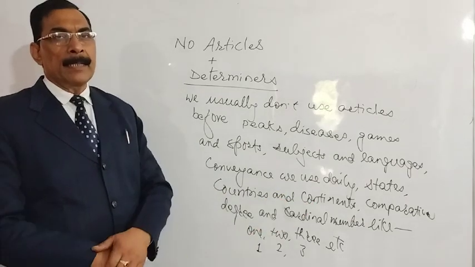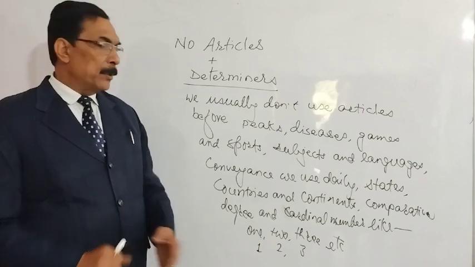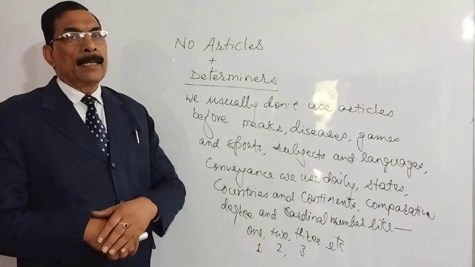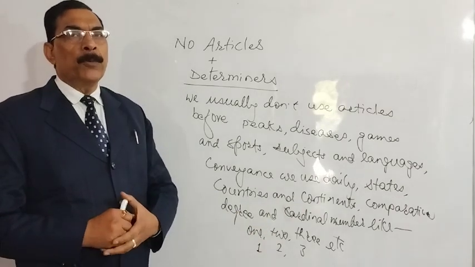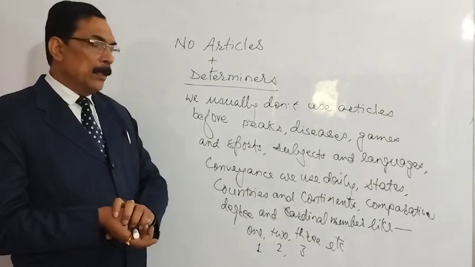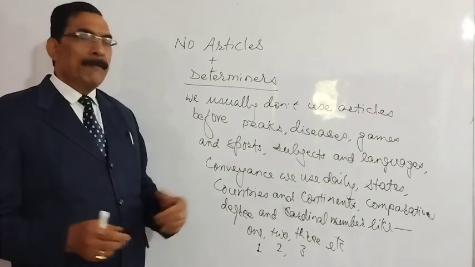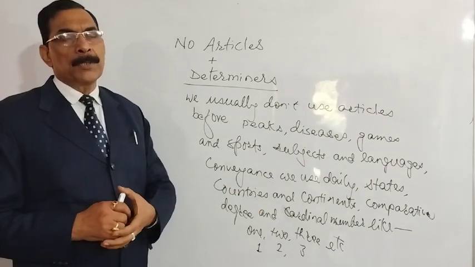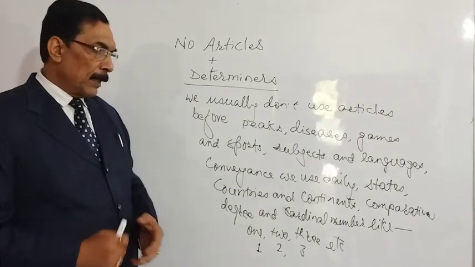Other exceptions are there. The books will give you more information, like the UK, the USA, the UAE, the Antarctica. So there are some exceptions. Those all are very common, available almost in all the books of grammar.